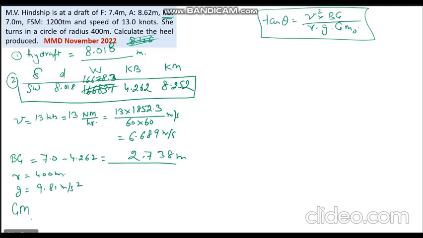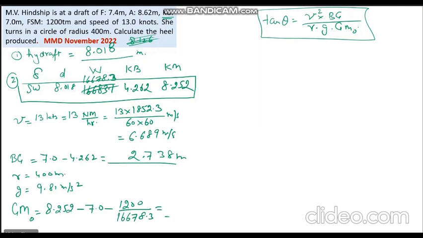GM zero or GM initial, whatever you want to write, will be the KM, that is 8.252, minus the KG of the vessel, that is 7 meters, that is GM solid, minus FSC. FSC will be FSM upon displacement of 16678.3.